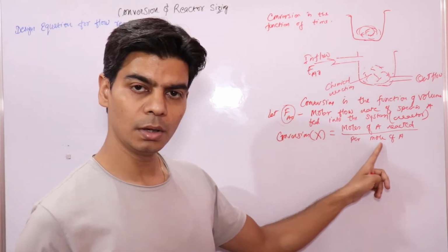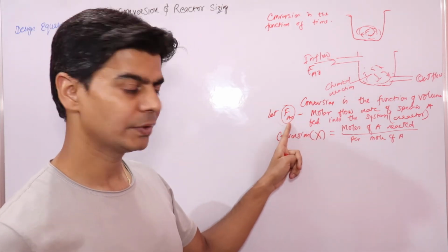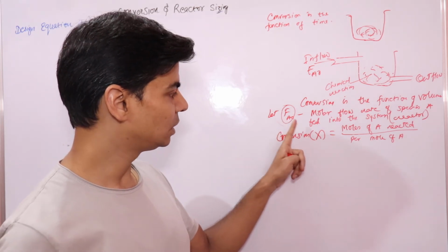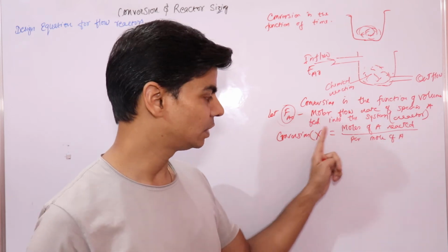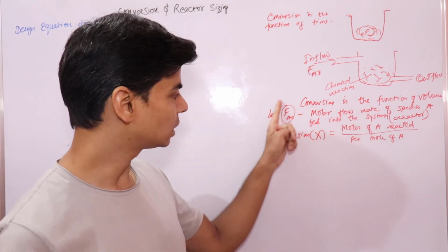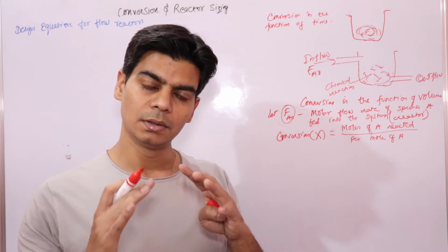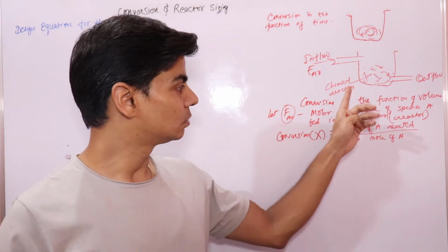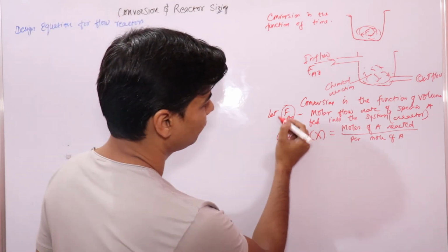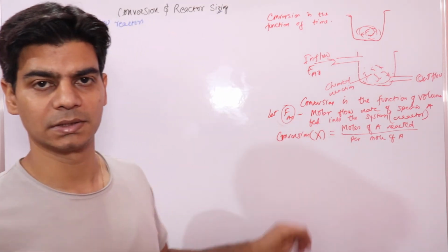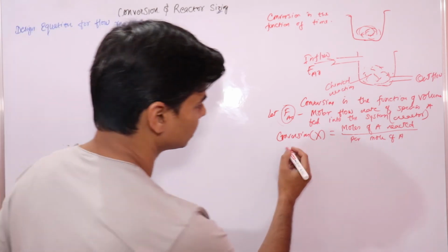This is for 1 mole, total moles are this FA0. So FA0 into X conversion. Conversion is for 1 mole, total moles are this. So the quantity of A that is consumed would be FA0 multiplied by X.